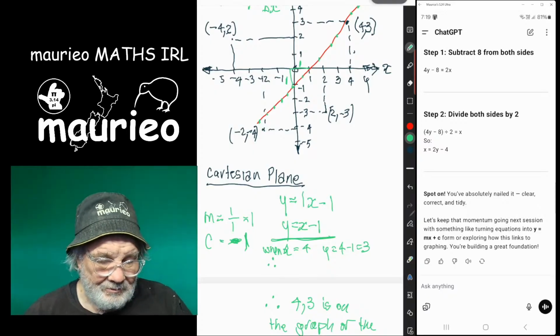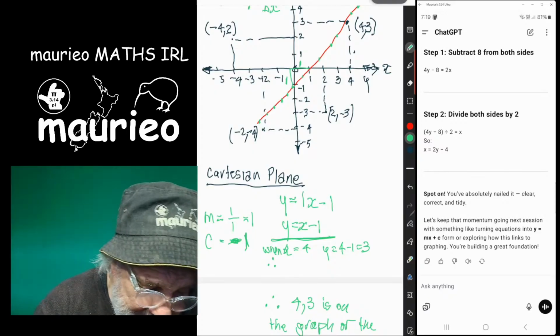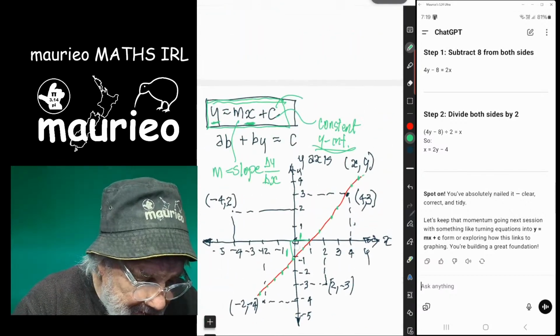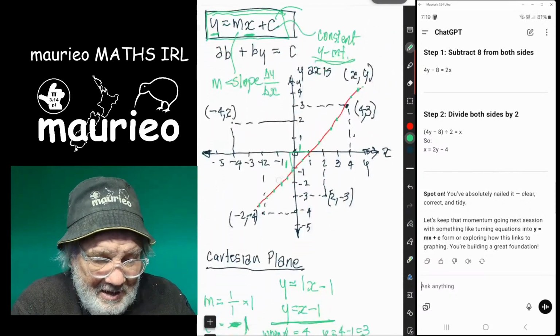So we're able to say that graphs in this form, y equals mx plus c, make straight lines.